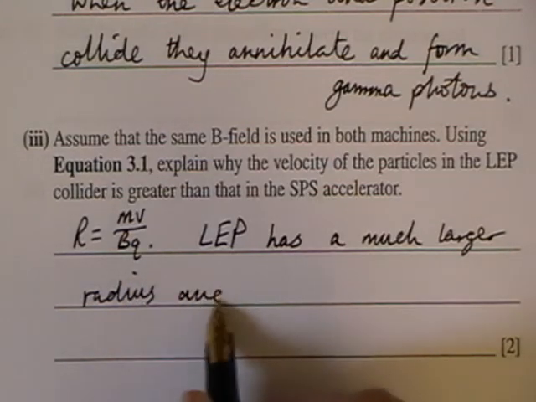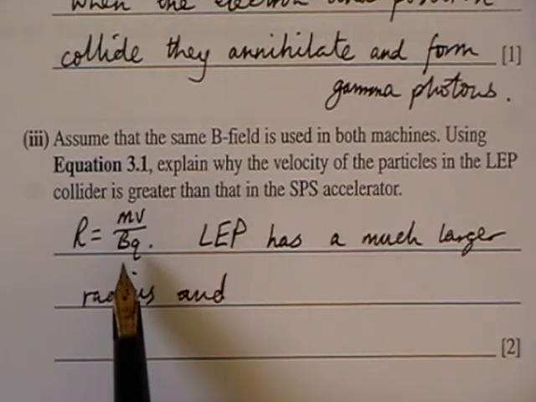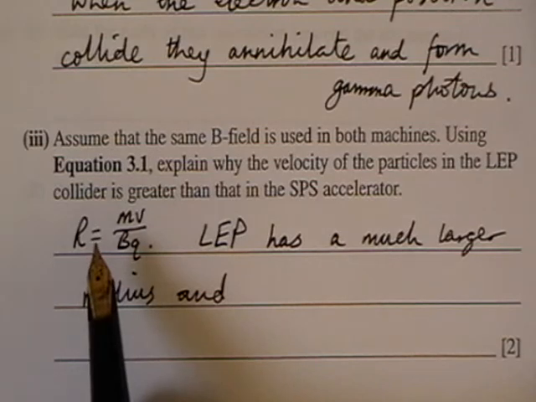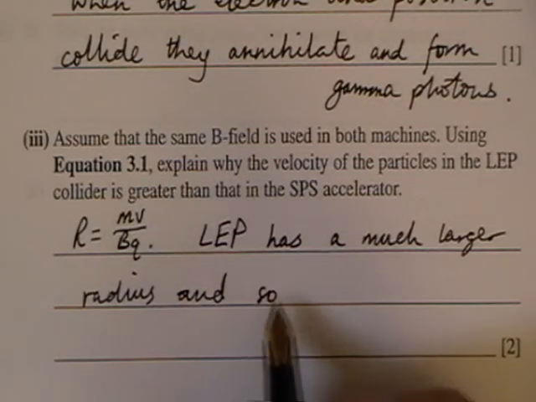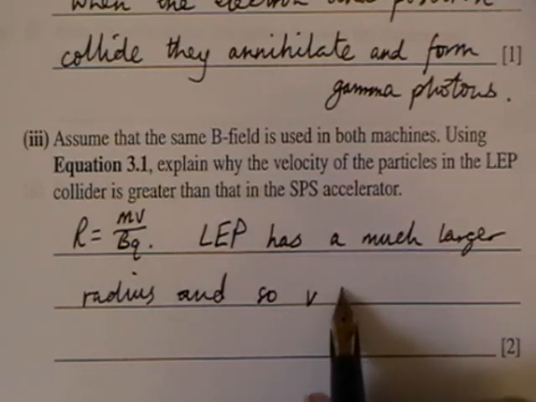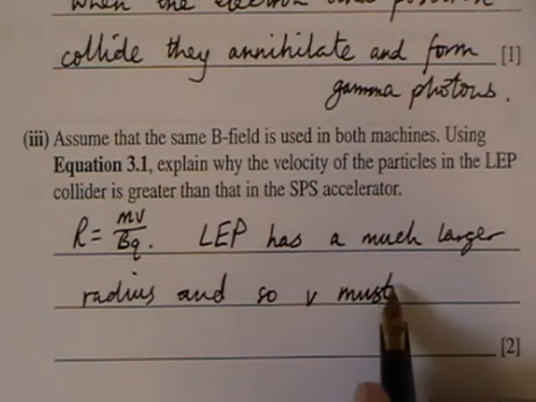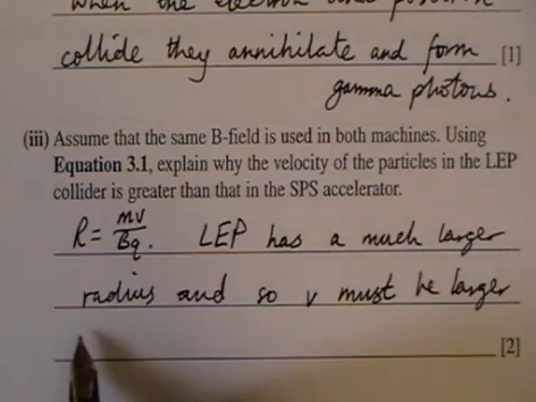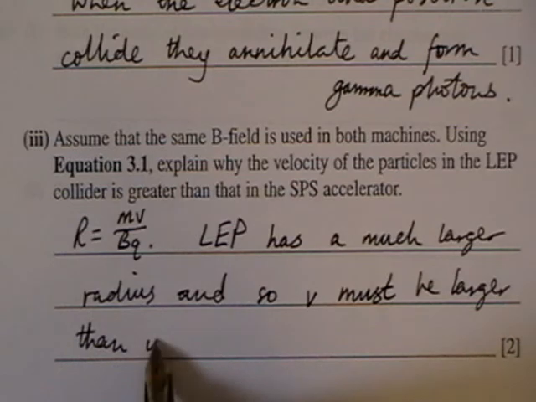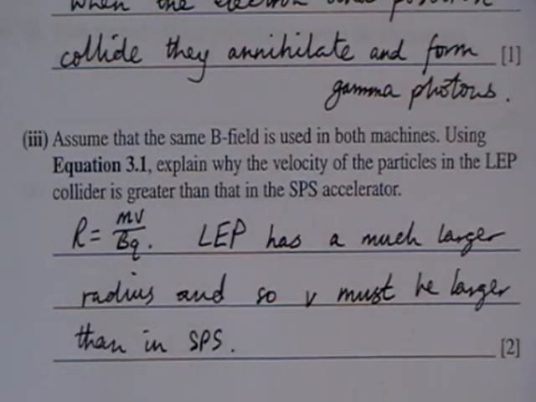So if B is constant and the radius is getting much bigger, then v must also be larger than in the SPS. Okay, that's the end of that question.